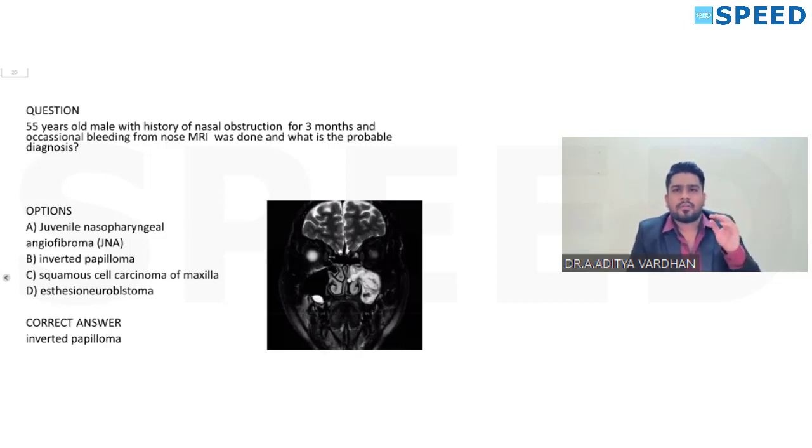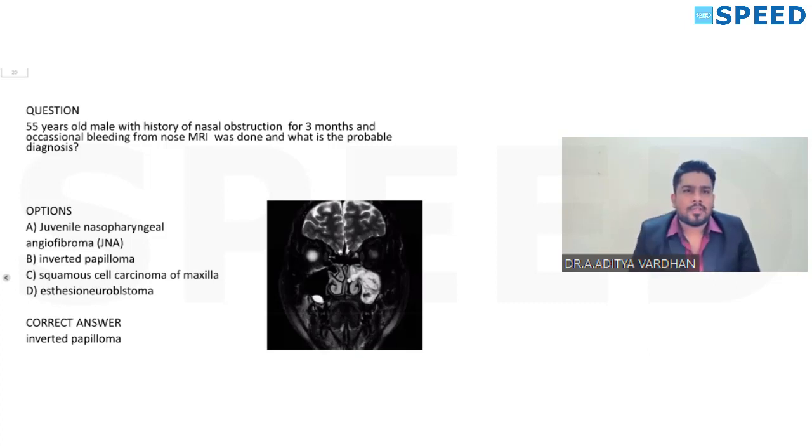This is a little bit high for your level, friends. The question they asked in the exam is: a 55-year-old male with a history of nasal obstruction for 3 months and occasional bleeding from the nose. MRI was done, and what is the probable diagnosis? The options given are juvenile nasopharyngeal angiofibroma, inverted papilloma, squamous cell carcinoma of maxilla, esthesioneuroblastoma.